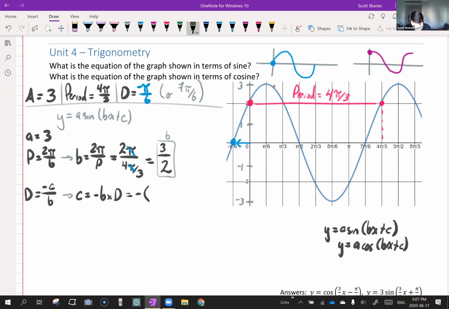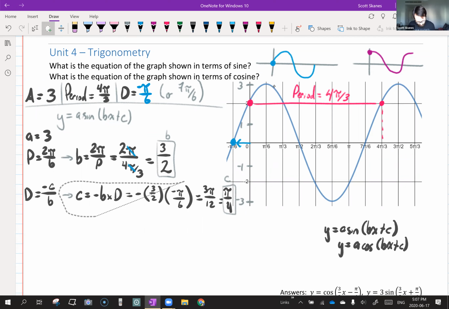Negative, what's B? It's 3 over 2, I just got that. Displacement is negative pi over 6. And if you solve that out, I can just do it by hand. This is 3 pi over 12, or in other words, pi over 4. So it's a little bit messy. I might have run out of space just a little bit there, but I hope it's clear.